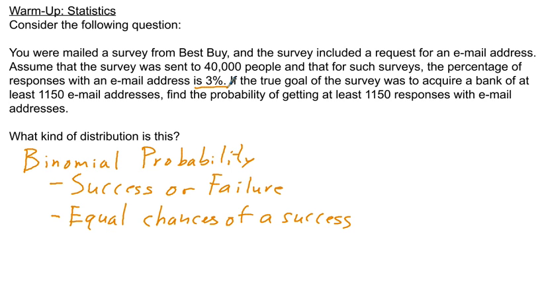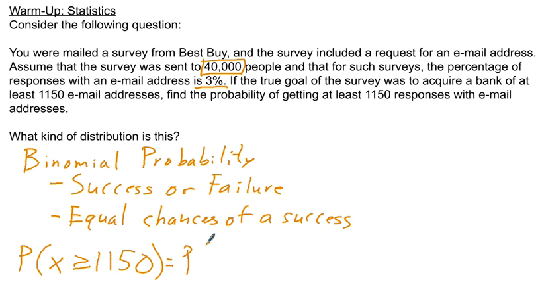So the reason why we are looking at this binomial probability again is because we have a large number of trials. A large number of trials. If we were to write our probability statement here, the probability of getting at least 1,150 responses, we're looking at a significant number.